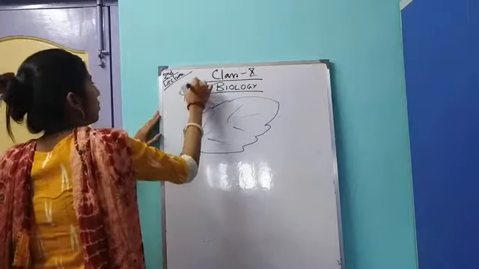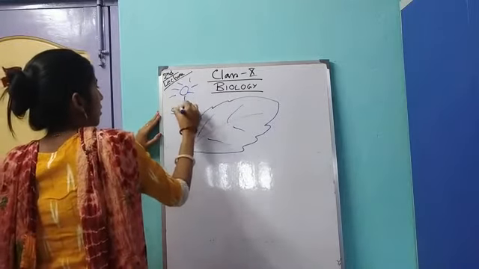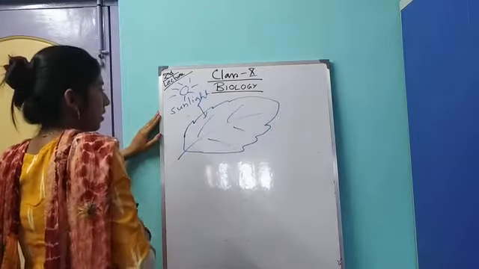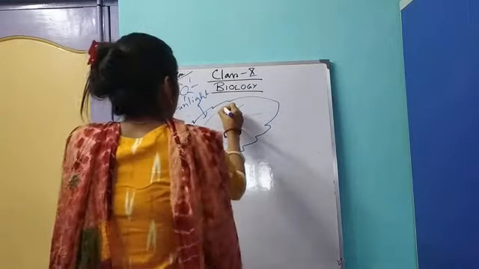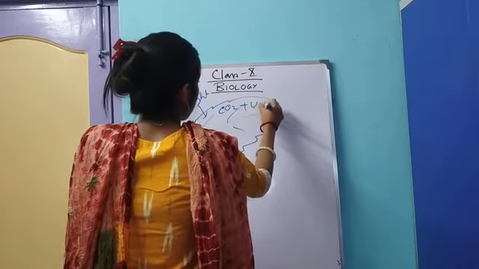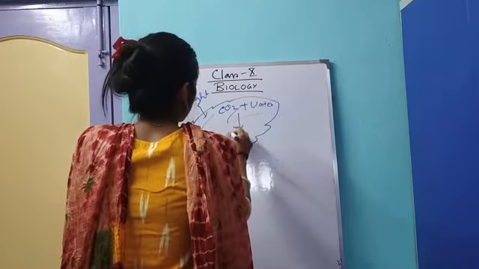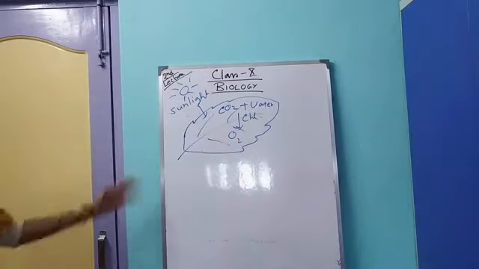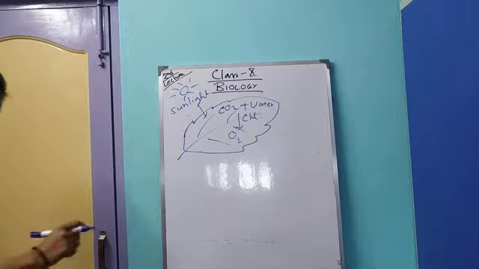So it is a sun. It is getting sunlight from the sun and it is using carbon dioxide and water and releasing O2 and containing chlorophyll. Okay, so this is the main equation of photosynthesis.